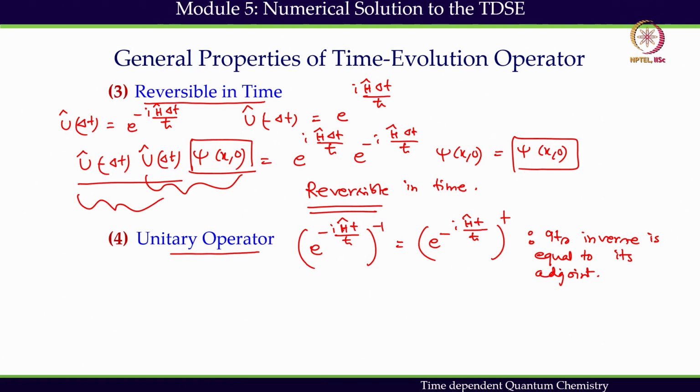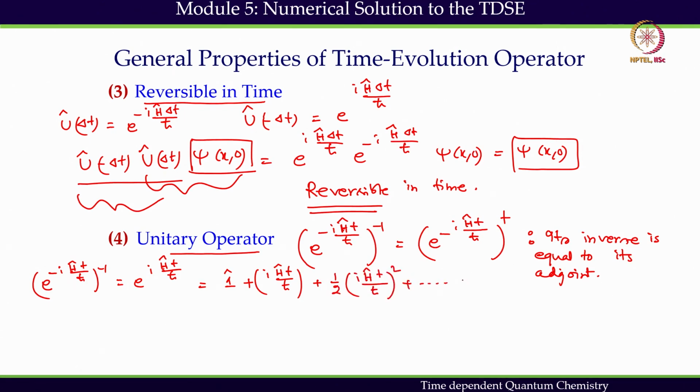One can prove it very easily. If I try to find e to the power minus iHt by h-bar inverse, that is going to be e to the power iHt by h-bar, which, with the help of the Taylor series expansion, can be written as 1 plus iHt by h-bar plus half (iHt by h-bar) whole square, and so on. We can write down the inverse of this operator.